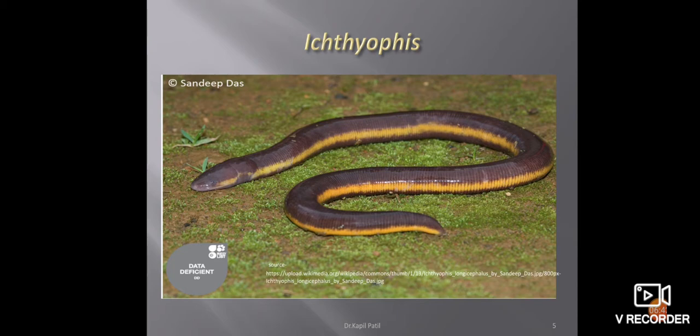In the male, a copulatory organ is present, and their heart is also three-chambered, two auricles and one ventricle. The highlighted point is that these animals show parental care. The female coils around the eggs until they hatch. Such protective nature is found in Ichthyophis. These are pictures of Ichthyophis.